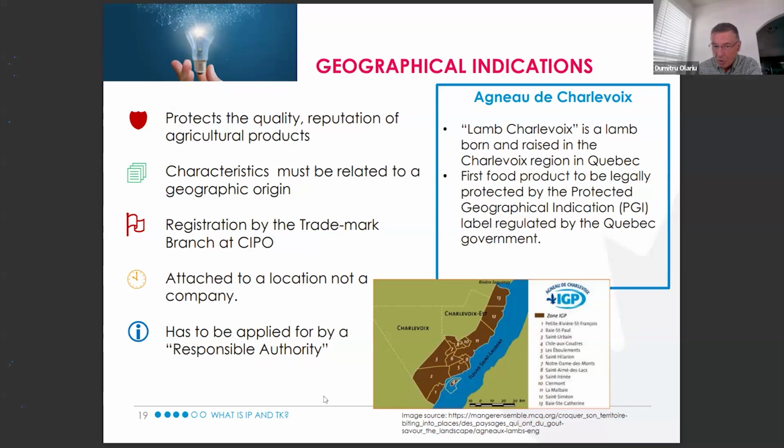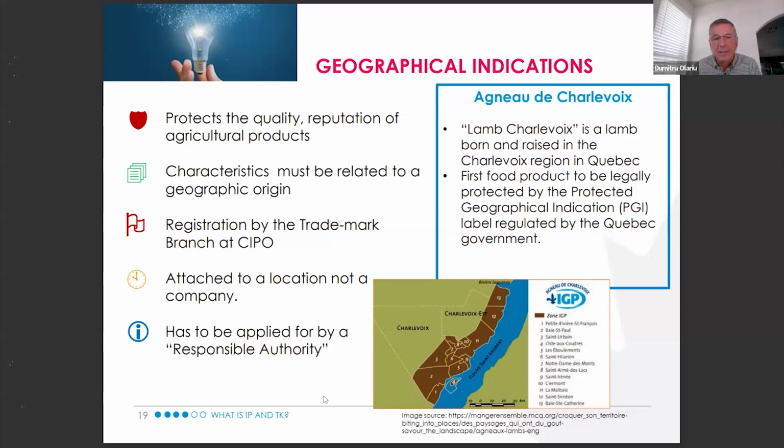The registration is possible with the trademark office of the Canadian Intellectual Property Office. So the registration or the trademark protection is related to the location, not to a company. Keep that in mind. Usually an organization that is representative for that kind of location registers this kind of geographical indication.